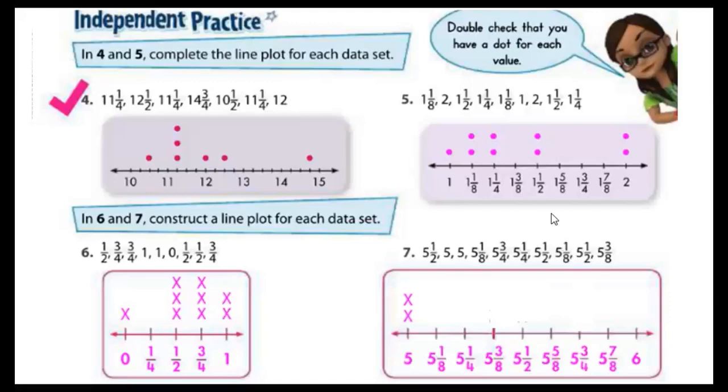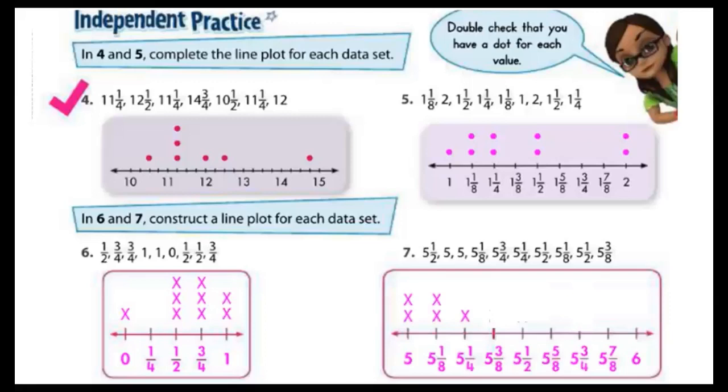So I'm going to represent it by 2 x's over 5 and 1 over 8. Now the following value will be 5 and 1 quarter. It is repeated just 1 time, so I'm going to draw just 1 x over 5 and 1 over 4.